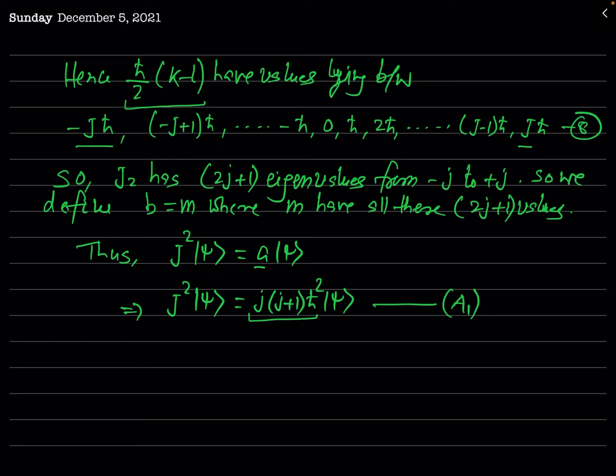All the values, that is minus j, minus j plus 1, and so on up to j minus 1 and j, are written by a symbol m.